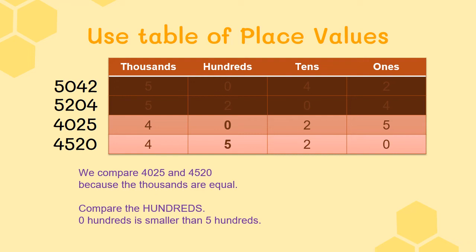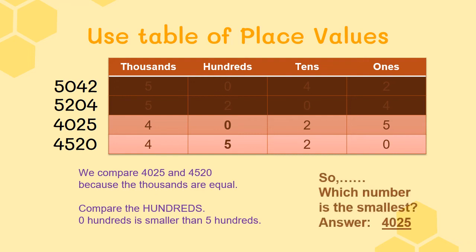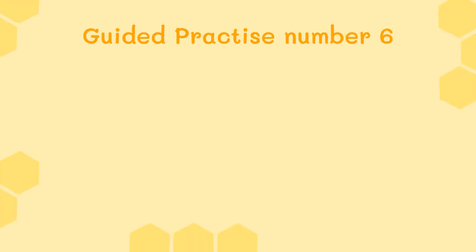So, who belongs to 0 hundreds? 4,025. Now we go to guided practice number 6. Number 5 Miss has not yet explained to you. Next in part 2 I will explain to you, okay?